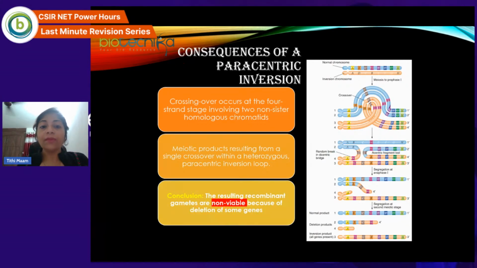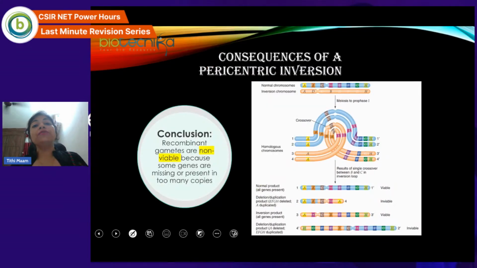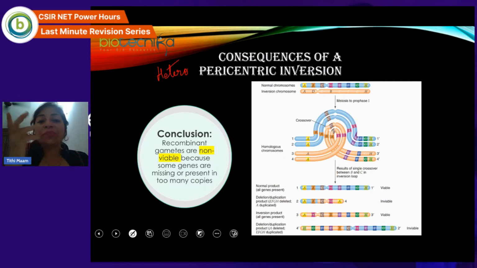What will be the consequence if crossing over happens through a heterozygous pericentric inverted segment? Pericentric means the inversion includes the centromere. In this situation also, the recombinant gametes will be non-viable and the non-recombinant gametes will be viable.